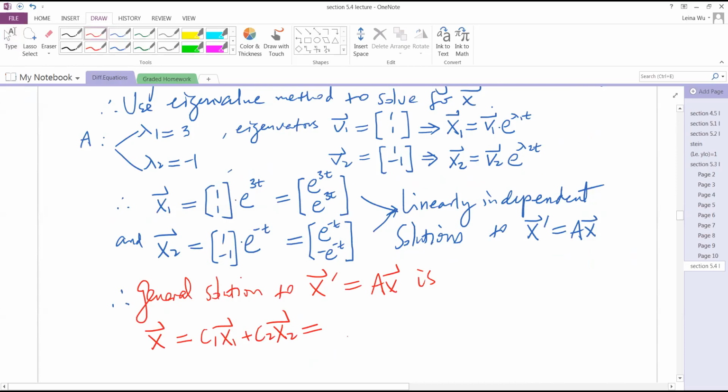You can go ahead: c1 x1, so e to the 3t, e to the 3t, plus c2 x2, so e to the negative t, negative e to the negative t.